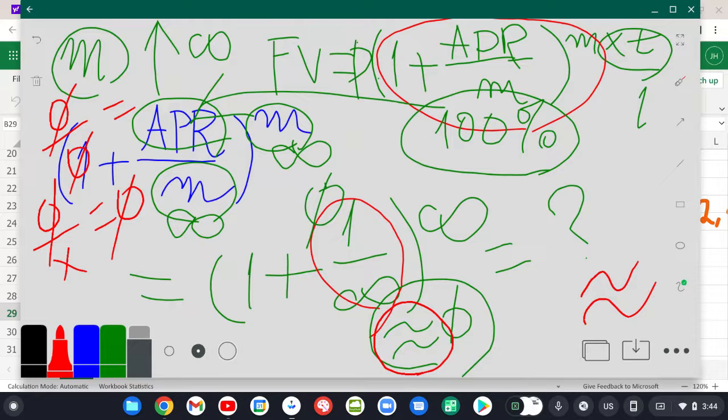Also, something like x divided by 0, that's undefined because you cannot divide anything by 0. There's no way you can divide it because 0 is nothing. You cannot divide anything by nothing.